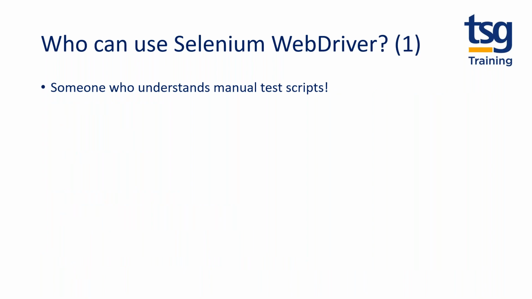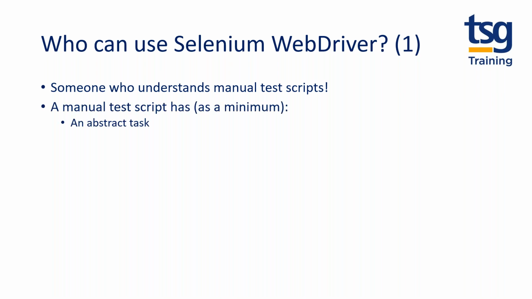So who can use Selenium WebDriver? To understand test automation, you must first understand what a manual test script is and how it can be used. As a bare minimum, a manual test script contains an abstract task to do.